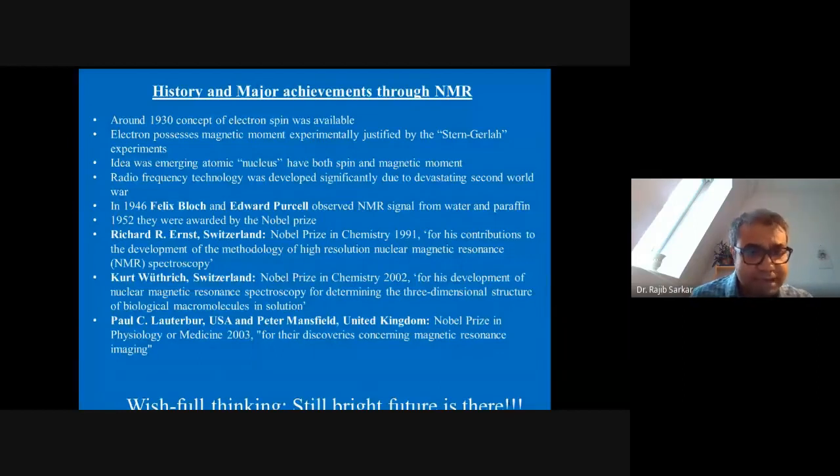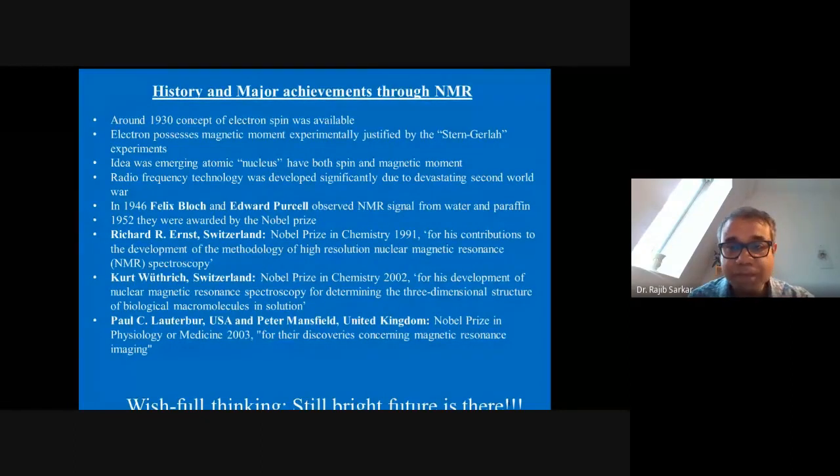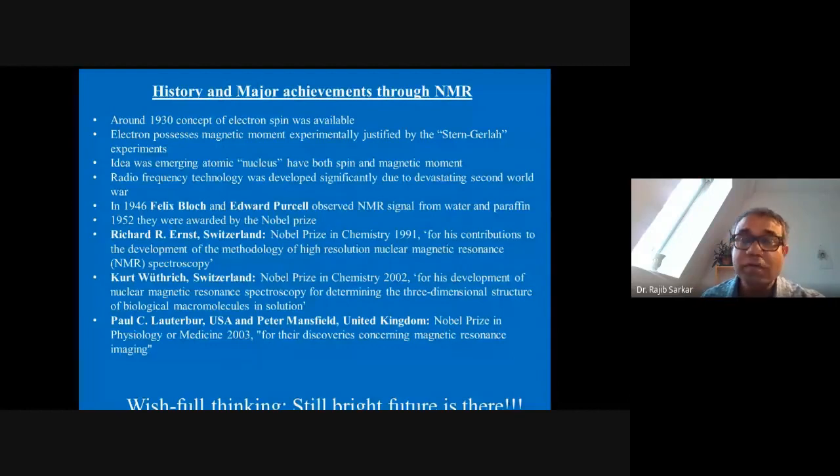In 1946, Felix Bloch and Edward Purcell, independently in different parts of the United States, observed the NMR signal from water and paraffin. The discovery was so informative and so intense that in 1952 they were awarded the Nobel Prize in Physics.